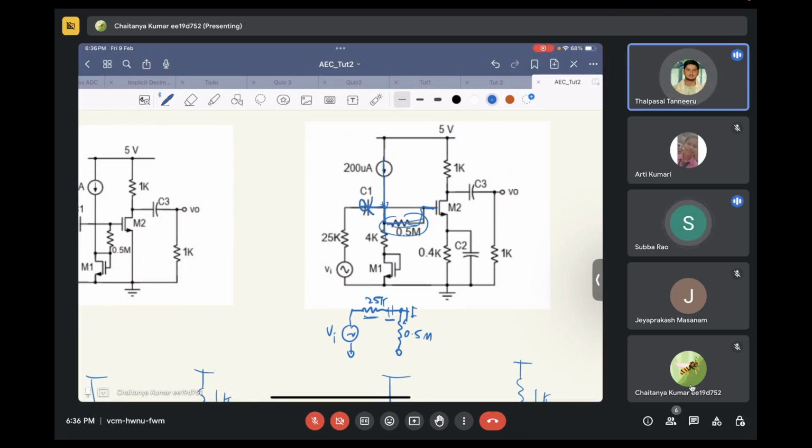C1 should be much greater than, yeah, correct. So if this 0.5 mega ohms and then it goes to this thing, right?